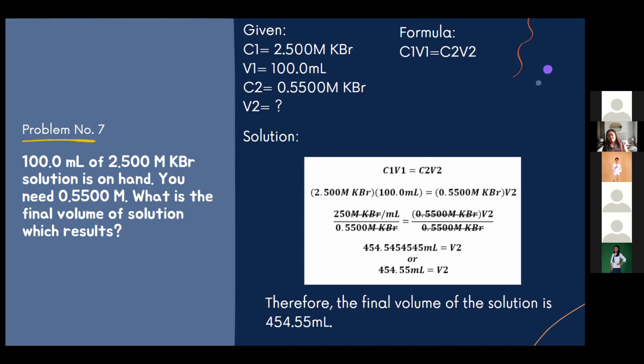C2 equals 0.5500 molar KBr. Our final volume is unknown, so we are looking for it. So our formula for dilution is C1V1 equals C2V2. So we substitute the given into the formula, which is 2.500 molar KBr multiplied by 100.0 ml equals 0.5500.